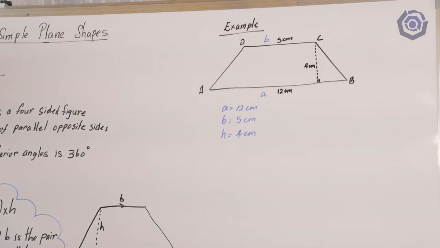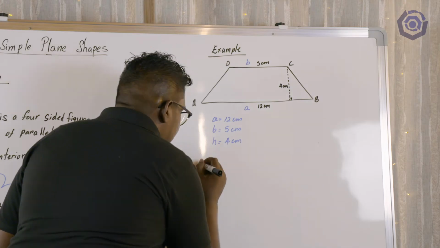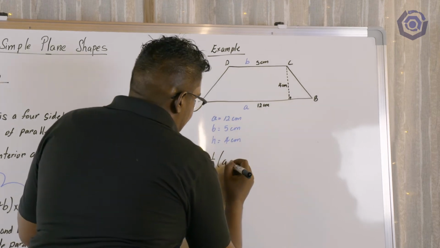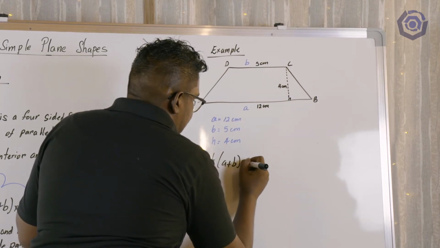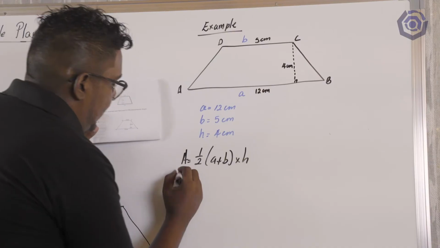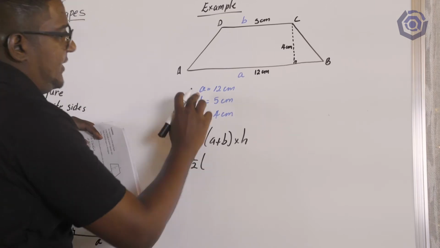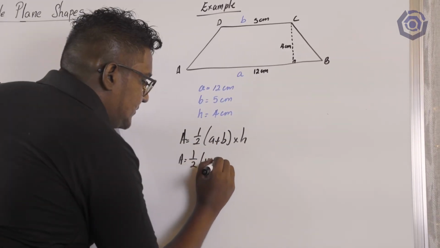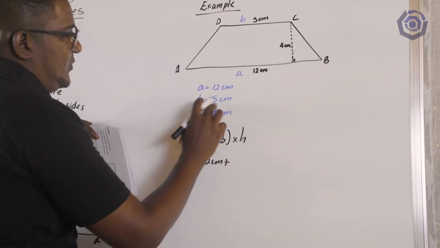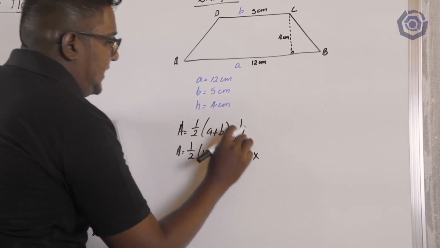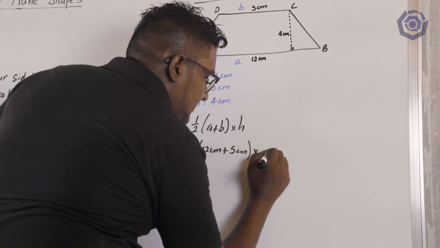Using the formula, let's substitute those values. A is equal to a half of A plus B times H. A is equal to a half, A is 12 cm plus B, which is 5 cm, times H, which is 4 cm.